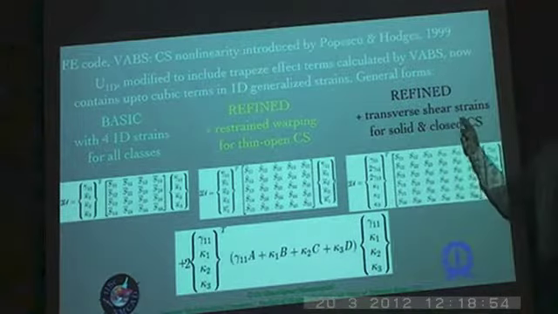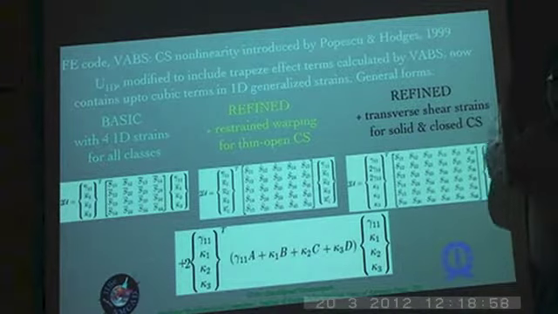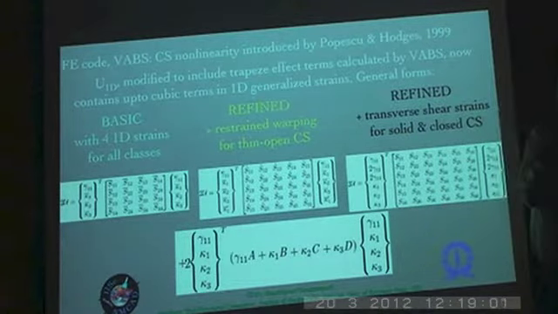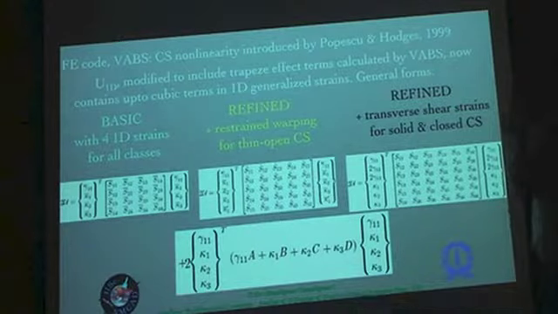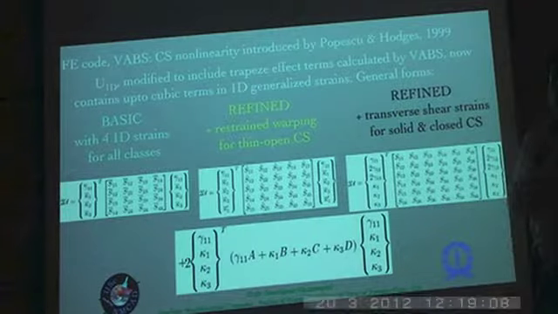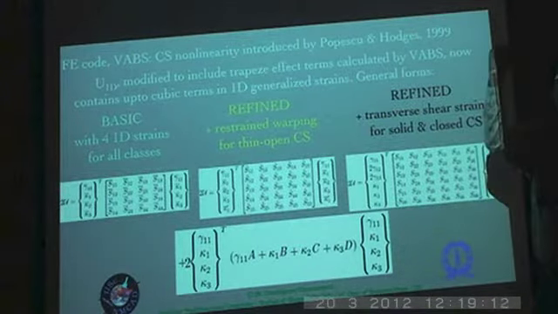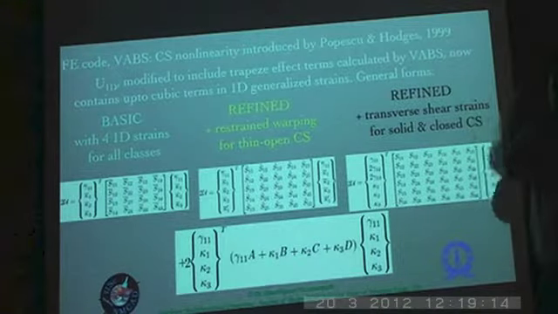But there is an exception where you have a closed cross section with thin walls. In other words, your H is small, the thickness of the wall is small compared to the diameter, let's say, of a circular tube, or even a box beam where the height of the box and the width of the box are large compared to the thickness of the walls, which are the webs or the flanges.